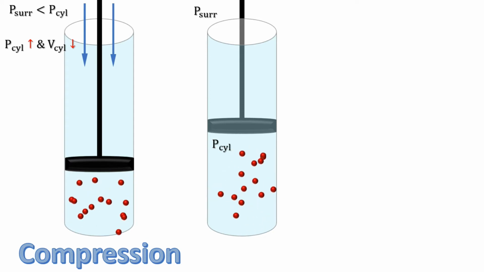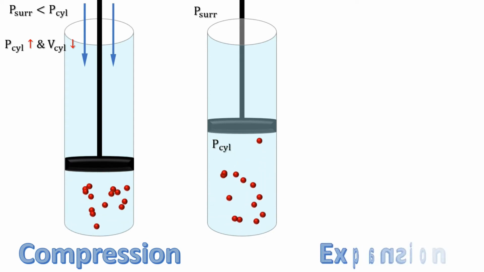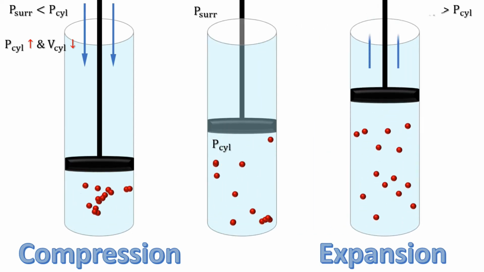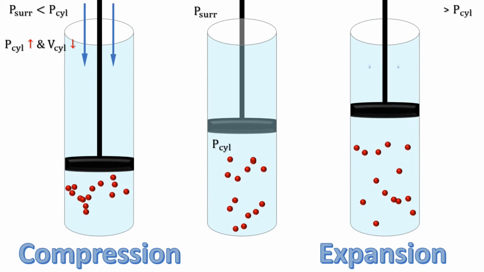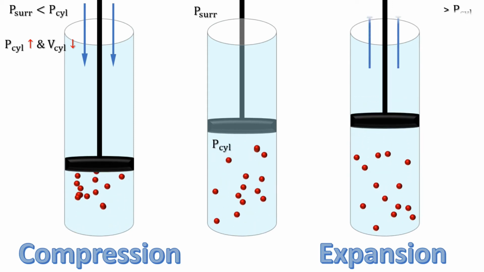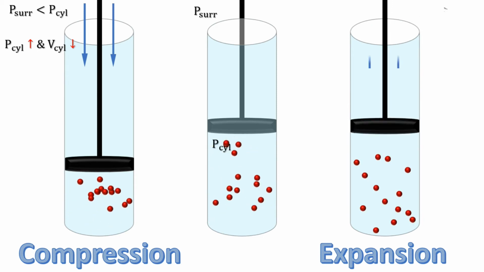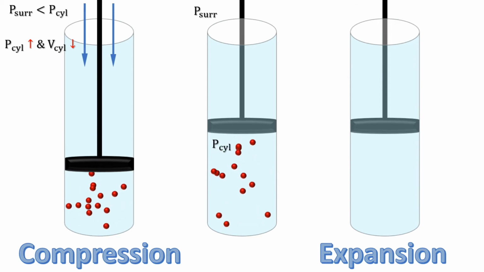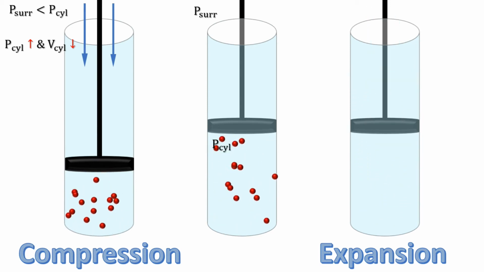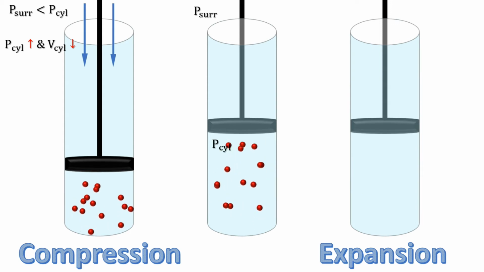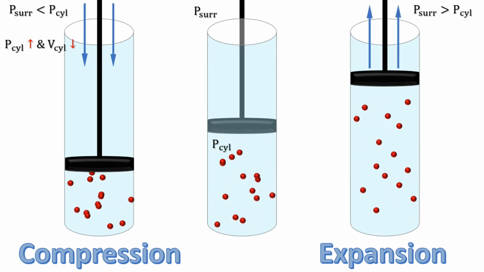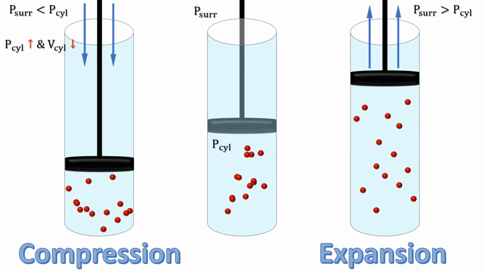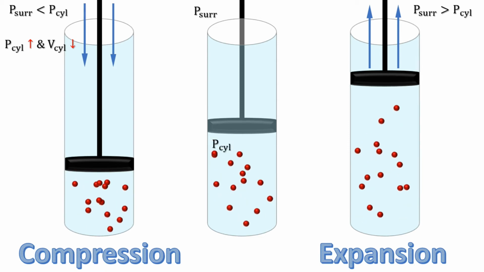Now, what happens if we perform expansion? Let us take another system, and this time the gas particles will occupy more space as the piston is pulled outward, and that will make the pressure inside the cylinder go lower than that of the surroundings. Now you can see that there is a lot more space for gas molecules to wander inside.